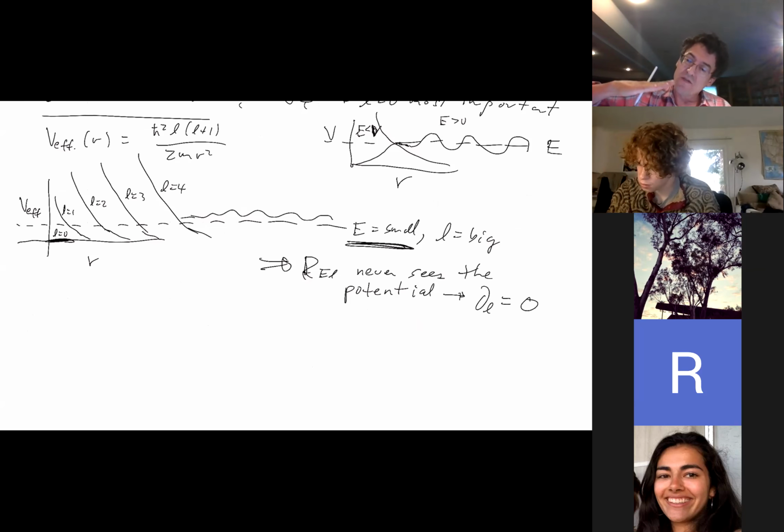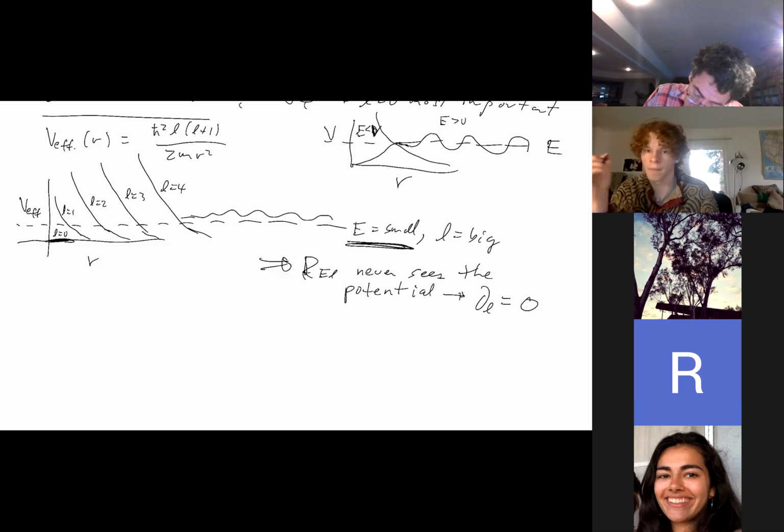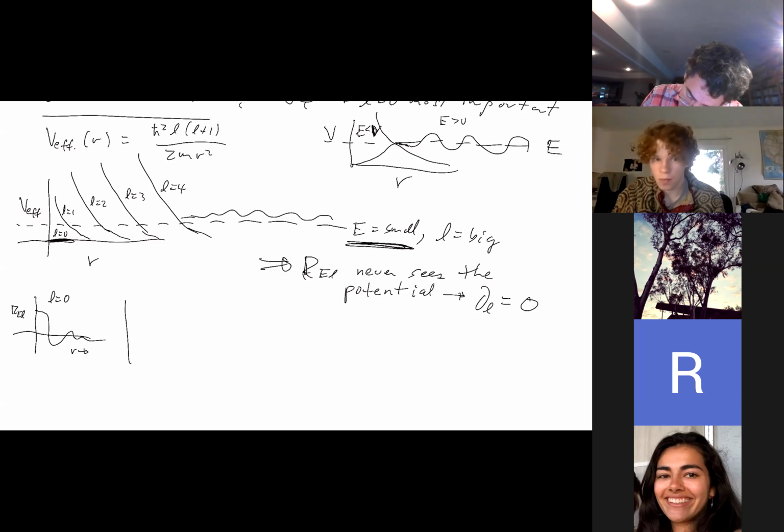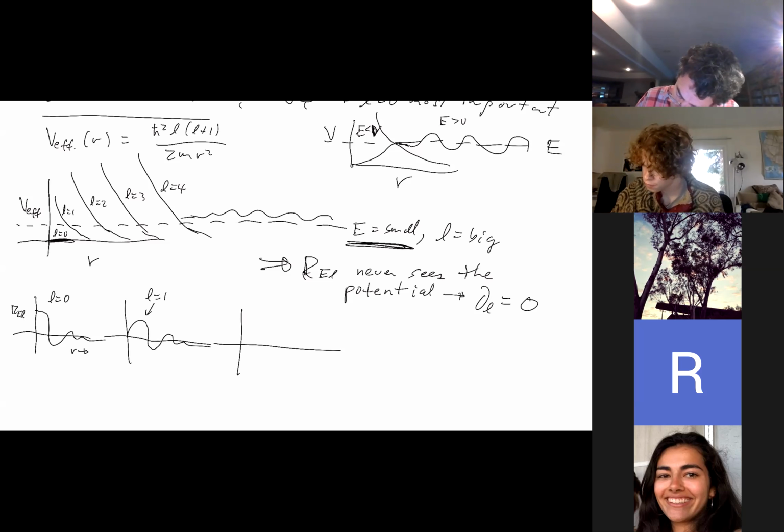So if you have low energy, you never come in to the origin. And you can just see that if you plot the Bessel functions. The L equals 0 Bessel function looks like this. You probably never noticed this before, but just plot the Bessel functions and look at them. That's the L equals 1. But now plot the L equals 2, and it does this.